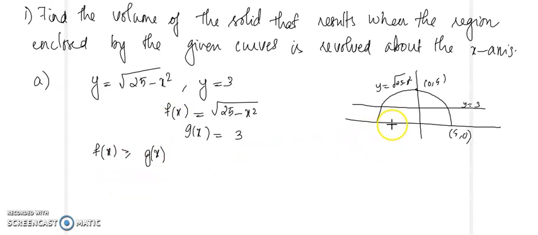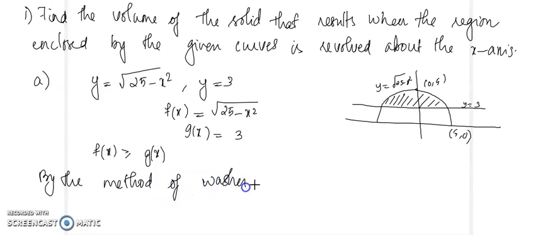So this is the given region, and this given region has to be revolved about the x-axis. So by the method of washers, when you revolve this particular region, there will be a hole in between.